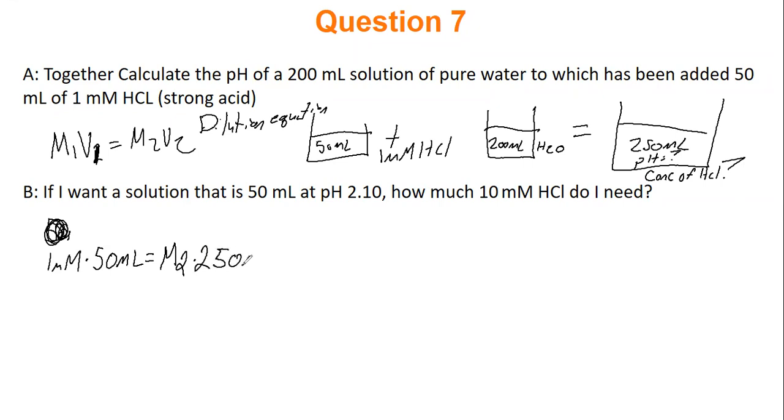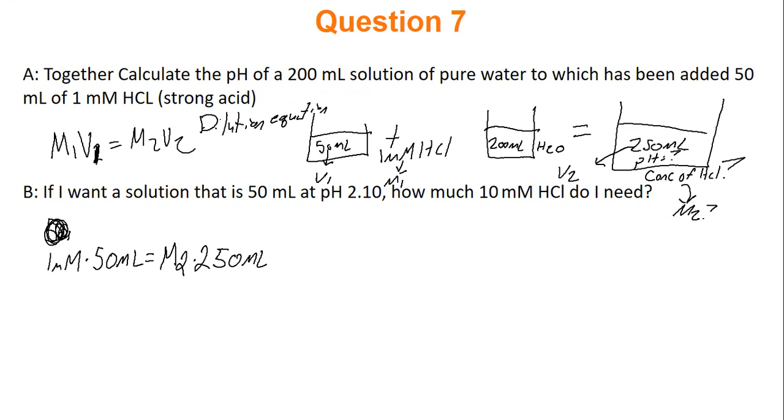It's 250 milliliters. So 50 milliliters was my V1. My concentration of acid was my M1. My total solution after I mix stuff is my V2. My concentration of HCl was my M2. Right, and so I'm going to solve this.